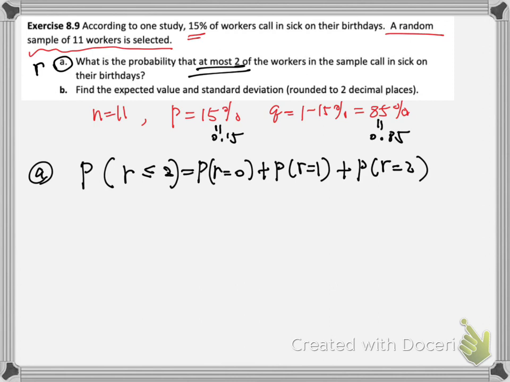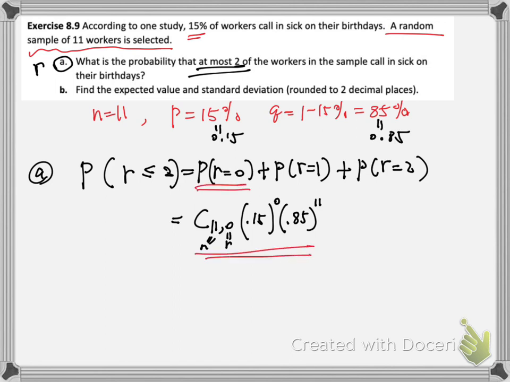So now we need the C and R formula for each R. So this will be C 11 0 because the total N is 11. So this is N, this is R. And then nobody calls in, so 0.15 to the power 0, 0.85 to the power 11. So this is R equal to 0.